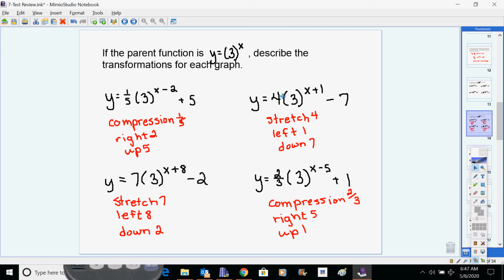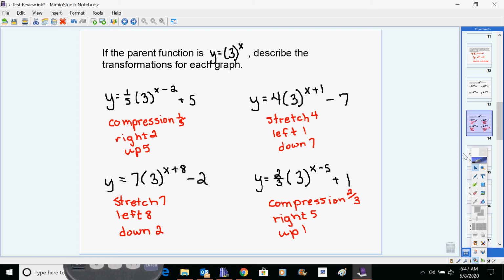Stretch because it's a number bigger than 1, left 1, down 7. Stretch because this number is bigger than 1. Doesn't matter what this number is, it's the extra number out here. Stretch of 7, left 8, down 2. And compression because this number is smaller than 1. Compression of 2/3, right 5, up 1.